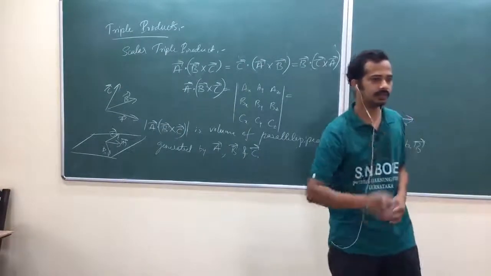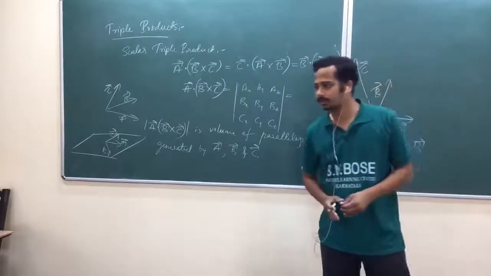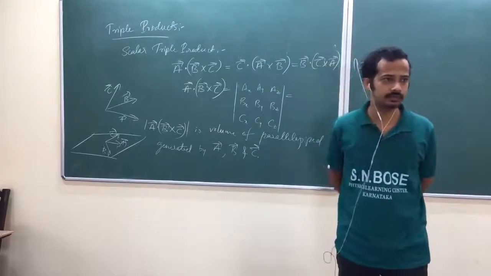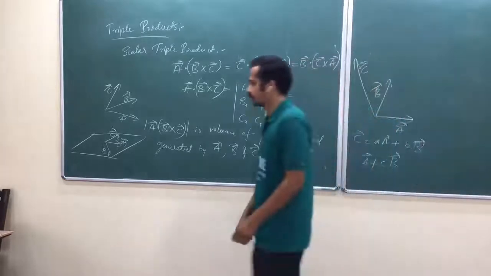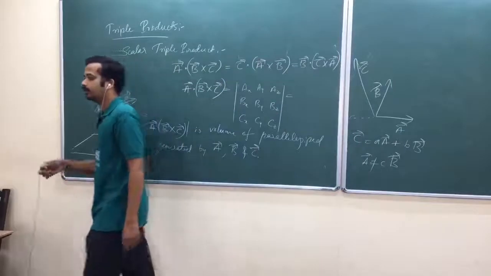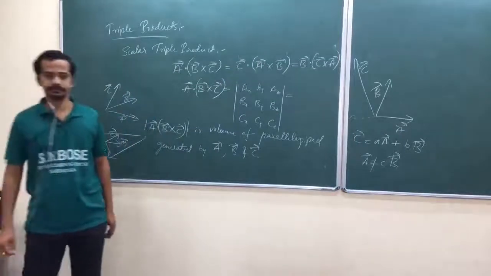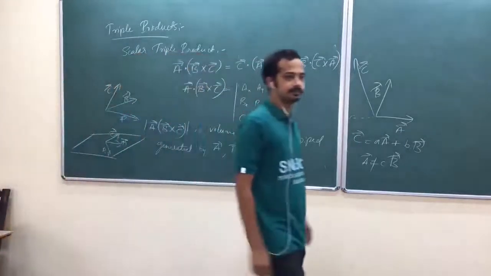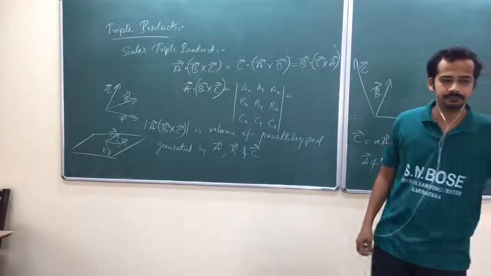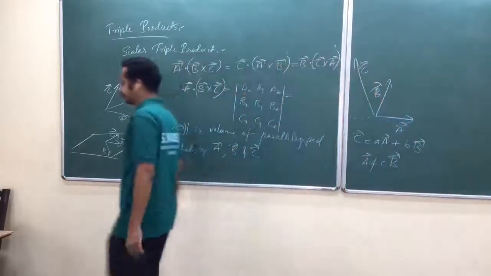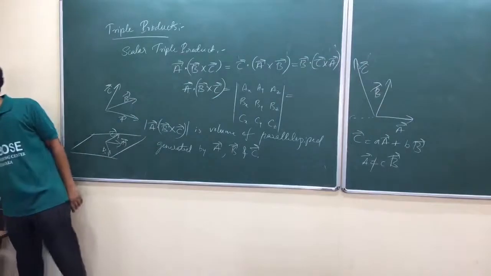Okay, can you extend the sentence? If the scalar triple product is non-zero, then the vectors are non-coplanar. They are linearly independent. Why are they linearly independent?